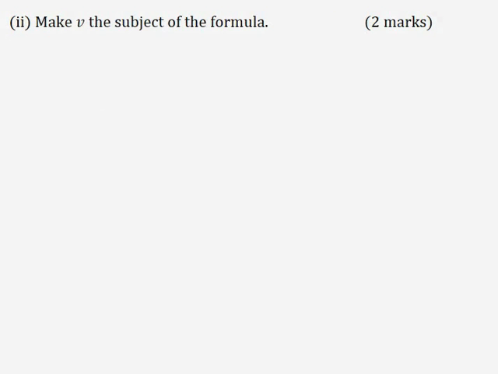Part 2. Make V the subject of the formula for 2 marks. So I'm going to write here the formula they gave us. F is equal to M by V minus U all over T. Now they want to make V the subject of the formula, so I'm putting V in brackets here.